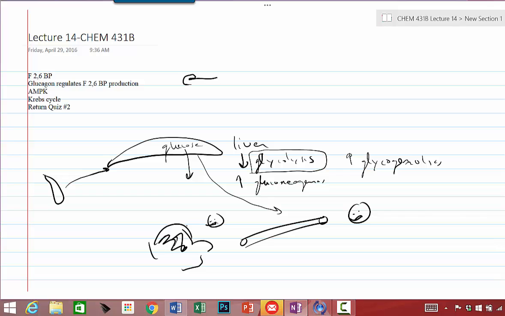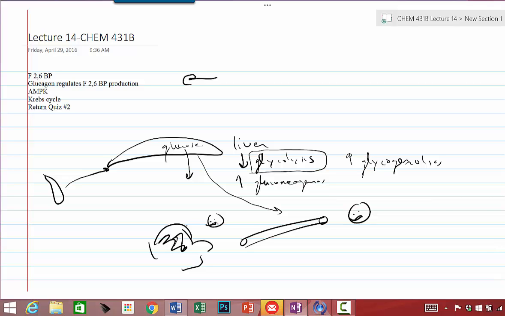As a matter of fact, there's a diagram that draws these things slightly better for you. It's on page 759 of your book. I know that's ahead, but I want to drive home this point of the exquisite regulation of glycolysis and gluconeogenesis. So here we have the pancreas. It's a better pancreas than mine, I admit it.